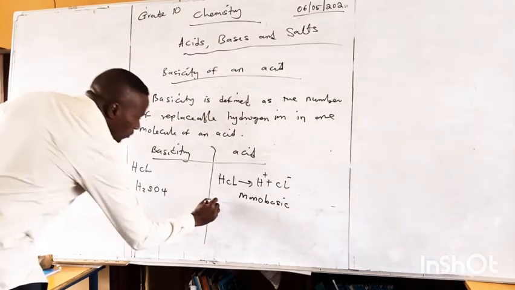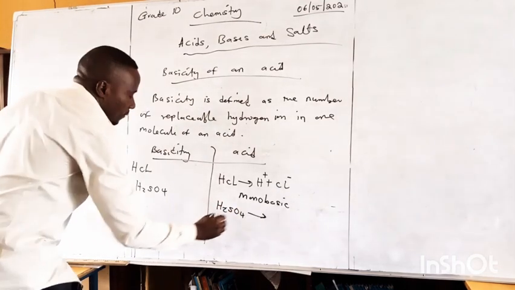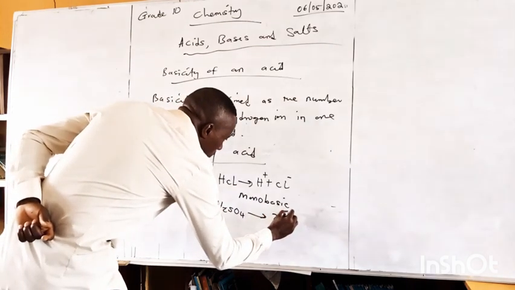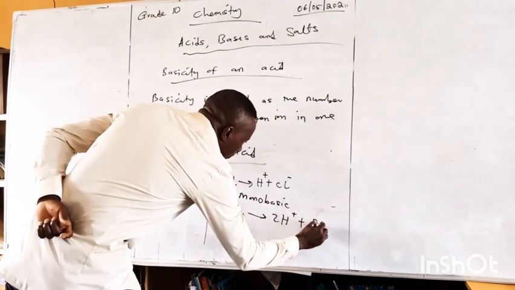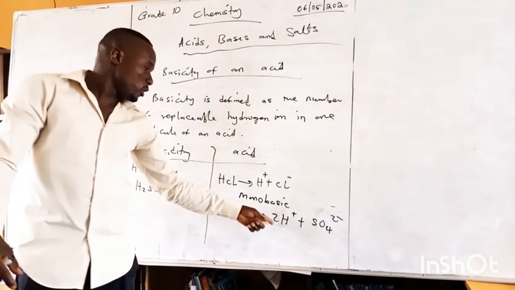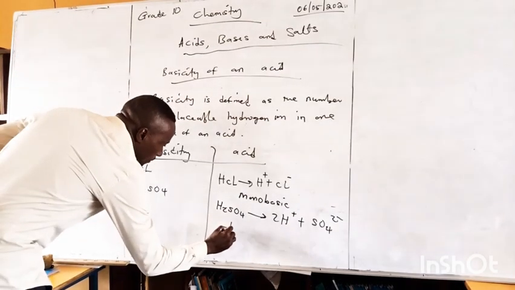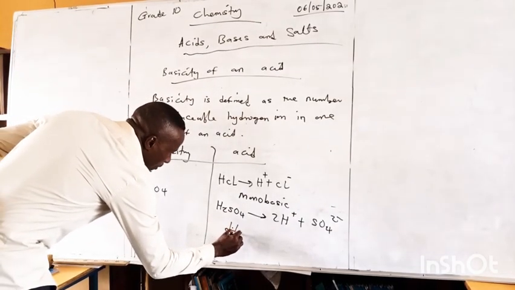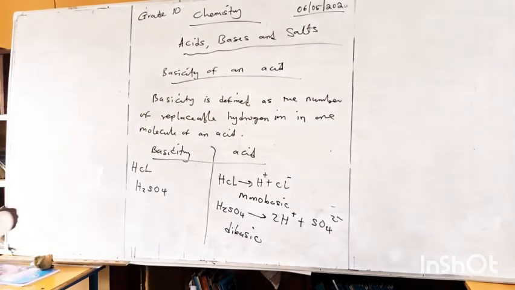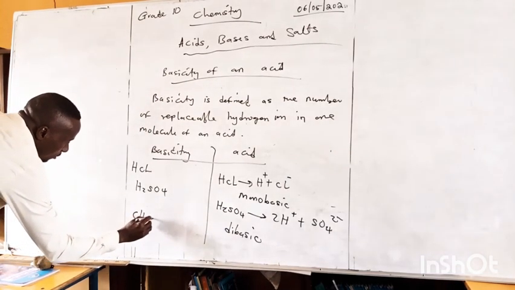This will ionize to give us 2 moles of hydrogen. You can see we have 2 atoms of hydrogen here. So the basicity is dibasic. This is dibasic. Now let's look at ethanoic acid, CH3COOH.